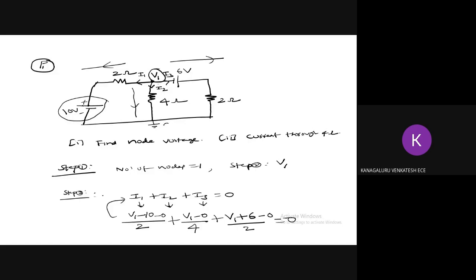Always we take ground potential as 0 volts. So even if I subtract 0 from that term, my answer is not going to be affected. Some books don't represent it in the equation. Some textbooks include that 0, indicating the ground potential.